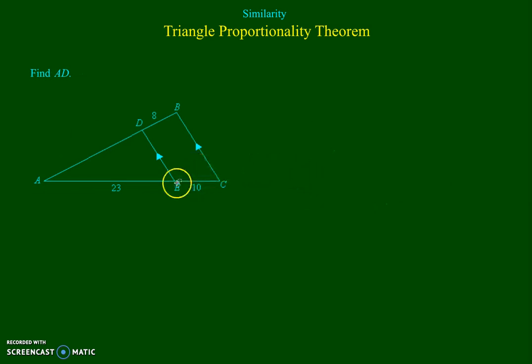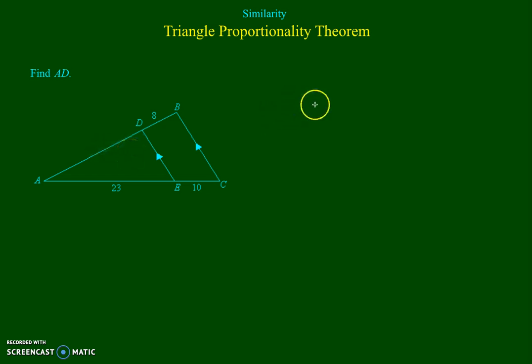Here we have a similar example, and this time we're looking for AD. And as you notice, it almost sets up its own proportion visually. This is to this as this is to this. You could do it another way, but why make life difficult? I like to put my variable in the upper left.